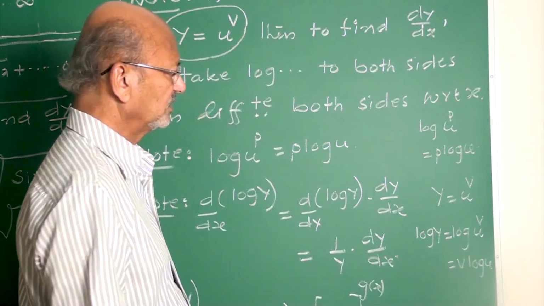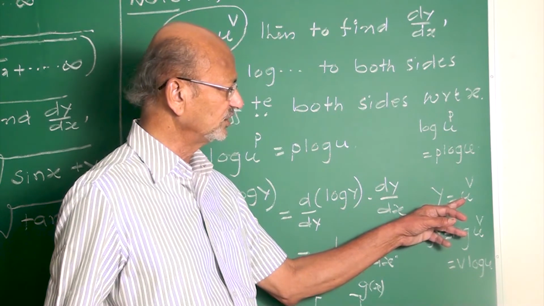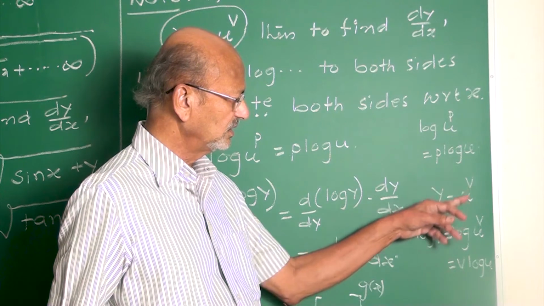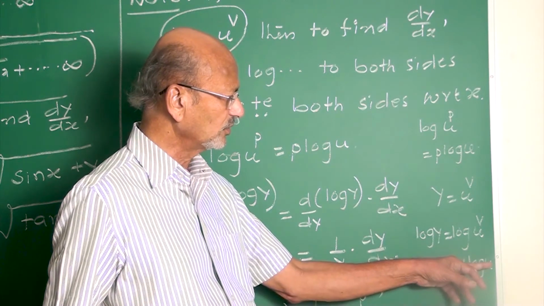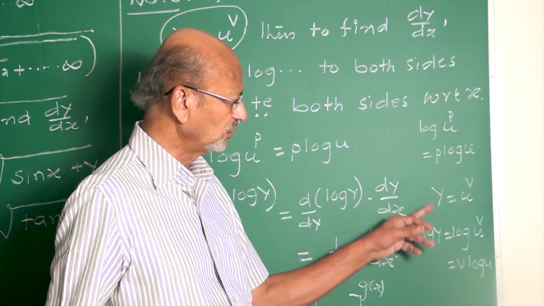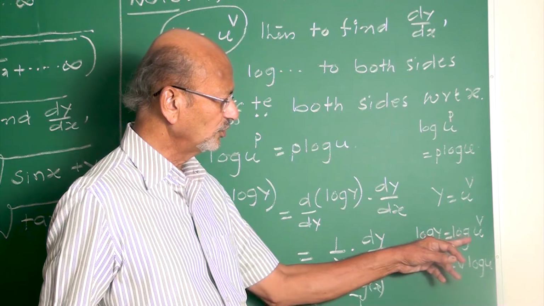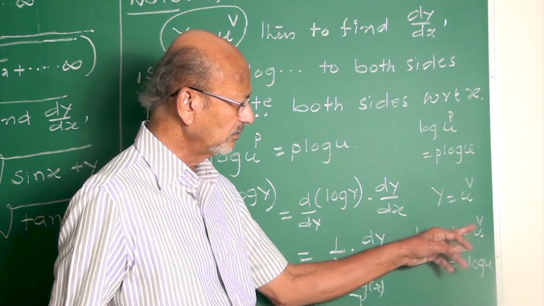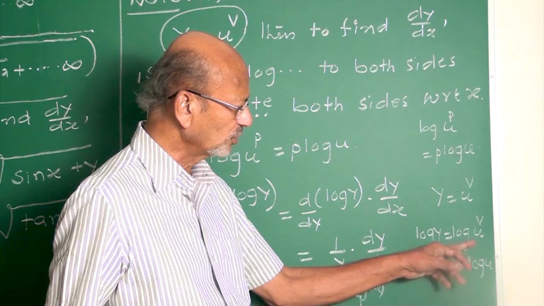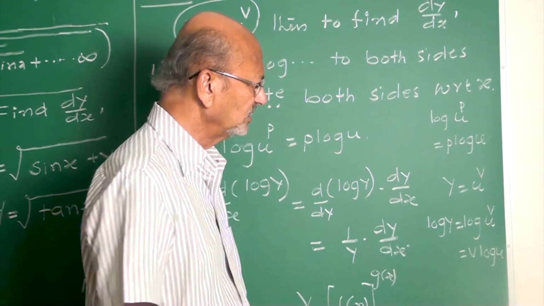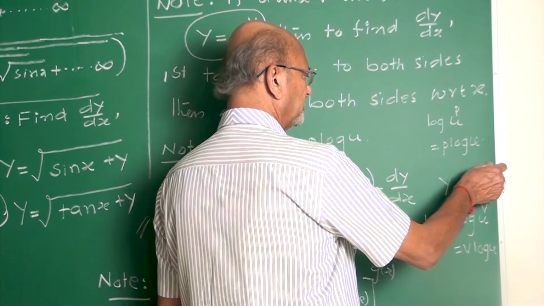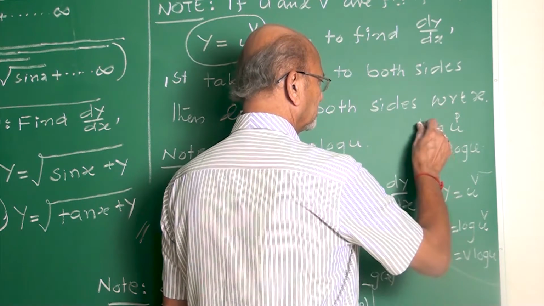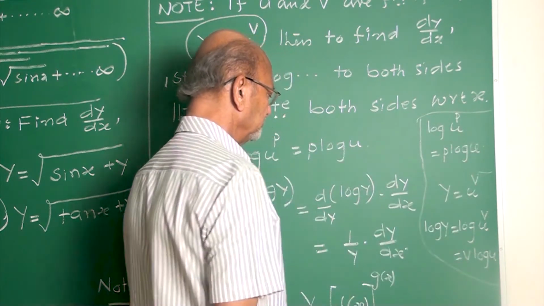So remember, if you take log, power into log of the base. So log y equal to log u to the power p. You can write it directly, my friends: power into log of base.